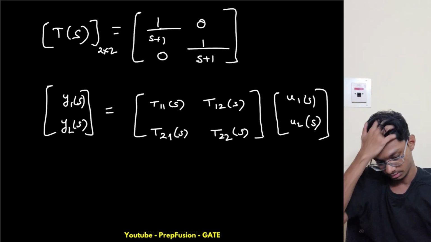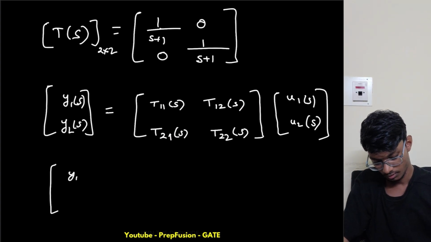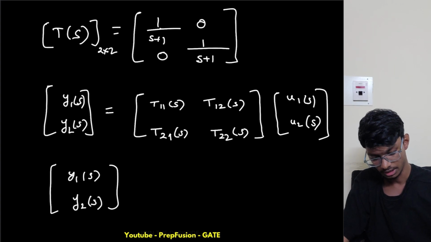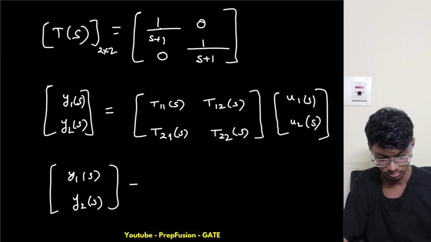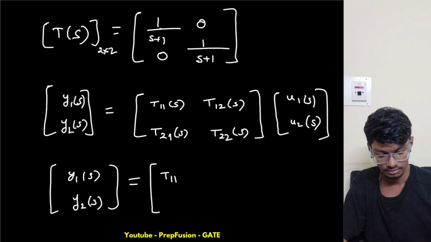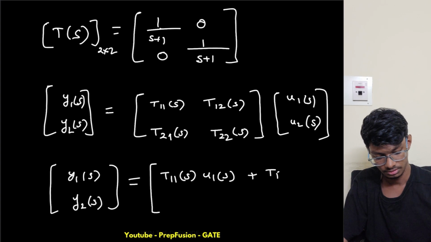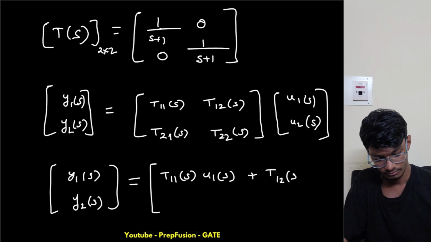So now if I rewrite this, what will this become? My y1 of s and y2 of s becomes, I'm doing matrix multiplication here. This is t11 times u1 and t12 times u2. So this becomes t11 of s times u1 of s plus t12 of s times u2 of s.